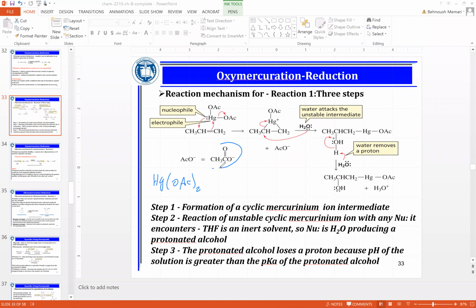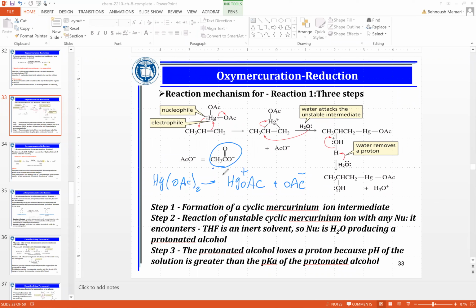OAc is the abbreviation for acetate ion. It's going to dissociate, and it's going to give you HgOAc plus OAc. Because acetate is negative, this must be positive.